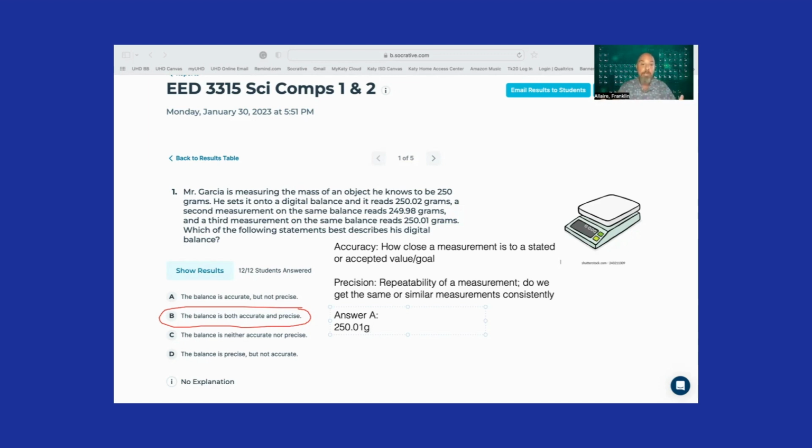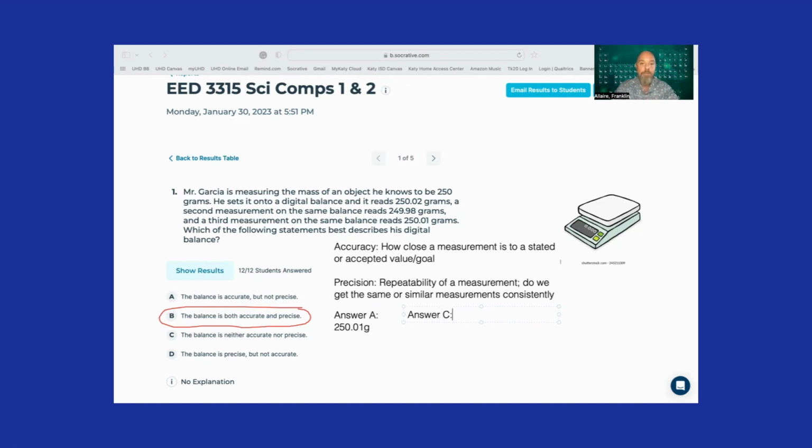We didn't measure it multiple times. We got that. We're one and done. So we can say that this balance is accurate, but we don't necessarily know whether it's precise or not, because we didn't repeat this measurement. Because remember, precision has to do with repeatability.